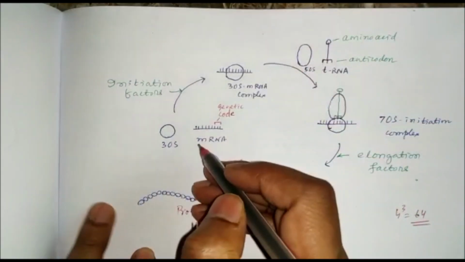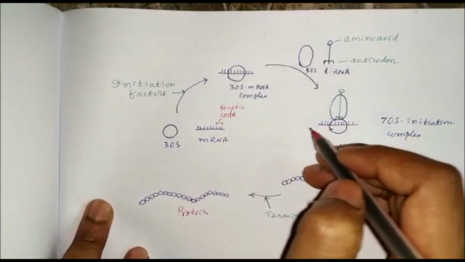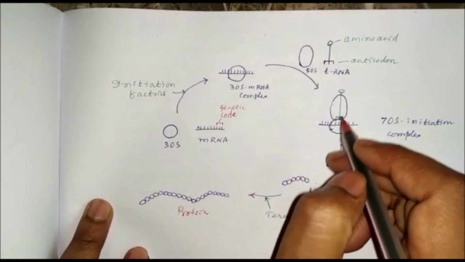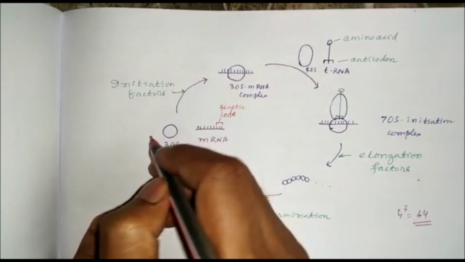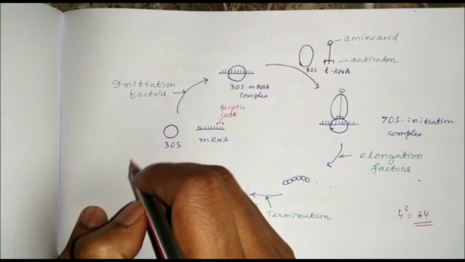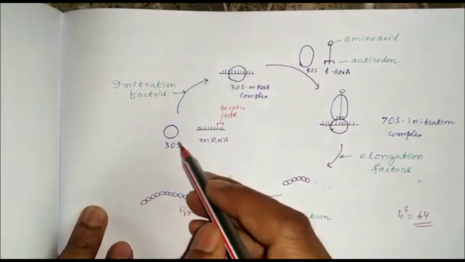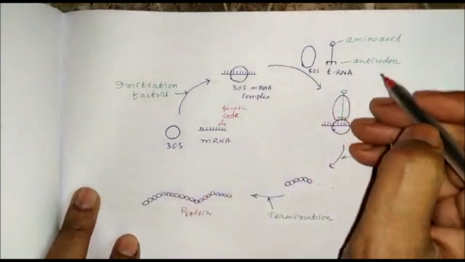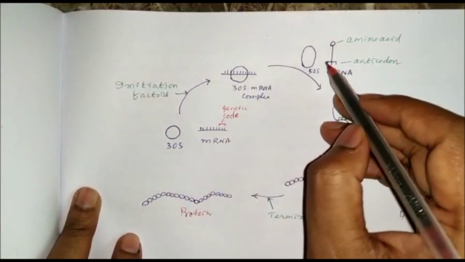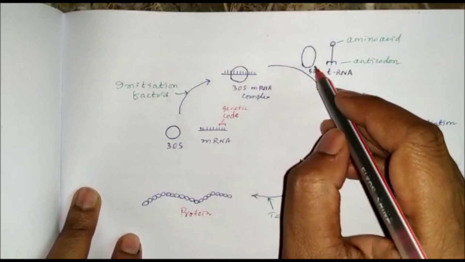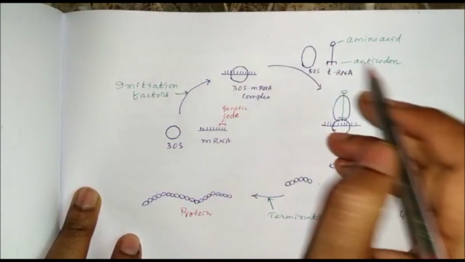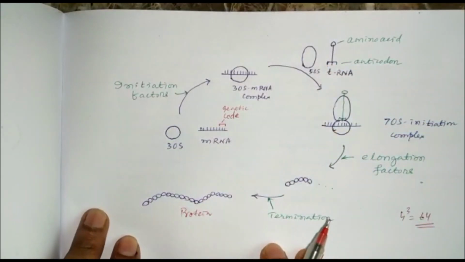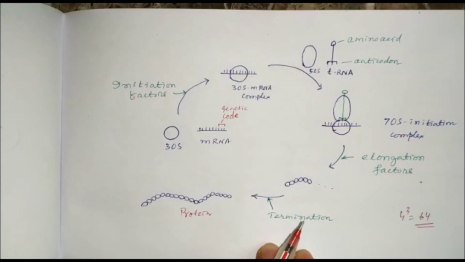In this way we can inhibit protein synthesis in bacteria. Drugs like tetracycline and aminoglycoside antibiotics inhibit the 30S subunit of the ribosome, and drugs like the macrolide antibiotics, erythromycin and azithromycin, inhibit the 50S subunit of the ribosome. So this is all about protein synthesis.